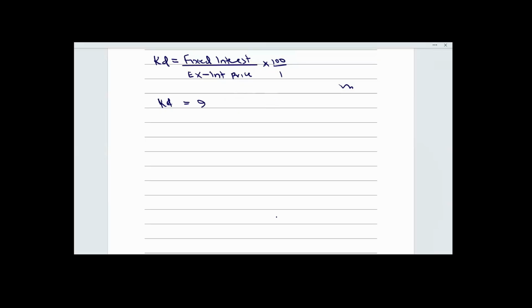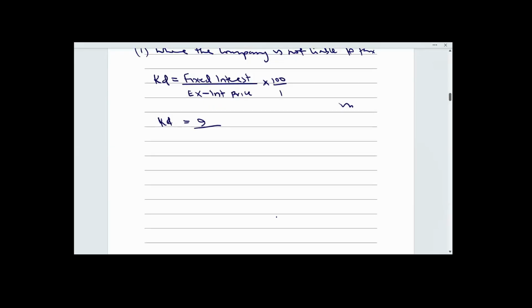Okay, so 9 then divided by the ex-interest price, which is the market price of the debenture. The market price of the debenture given to us is 102 naira. So multiply by 100 over 1. Give it to me. What do you have from your calculator? 9 divided by 102 multiplied by 100. 8.82. 8.82%.